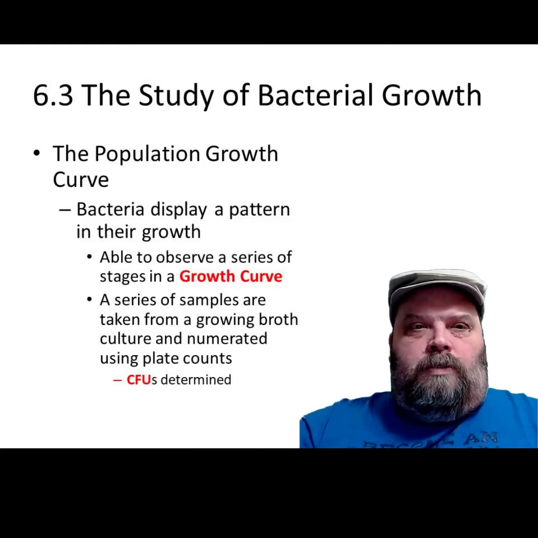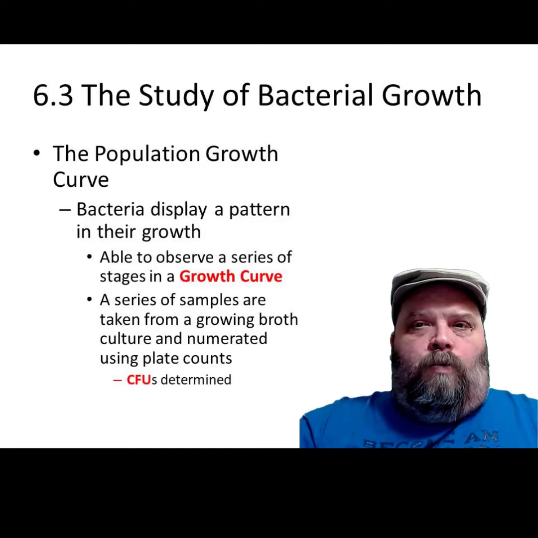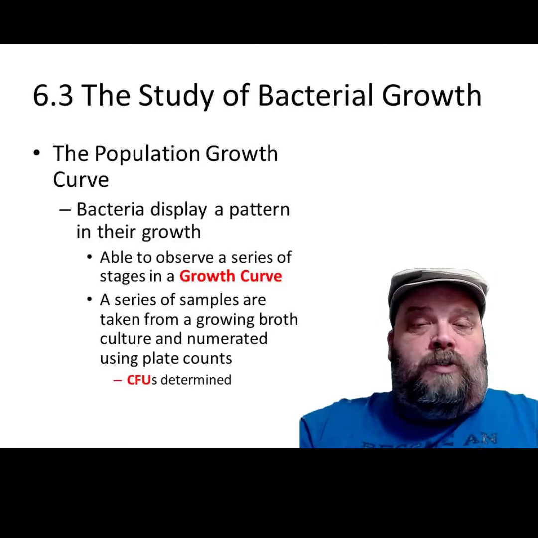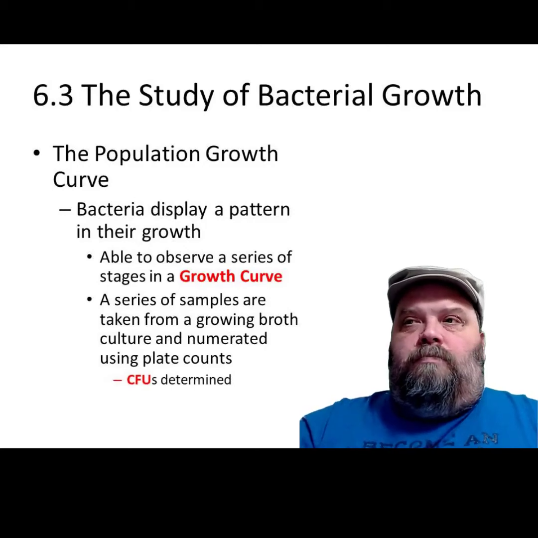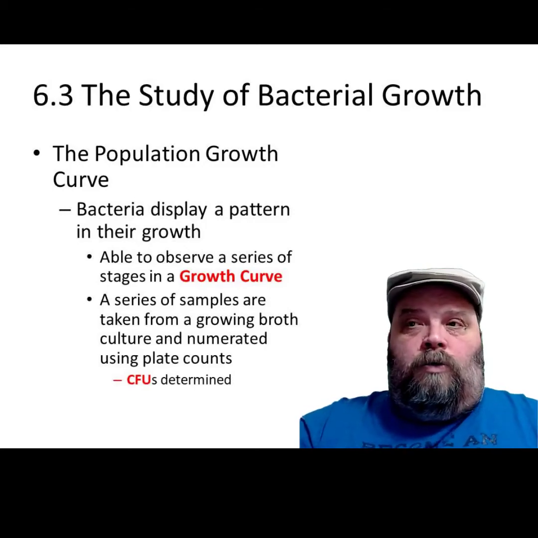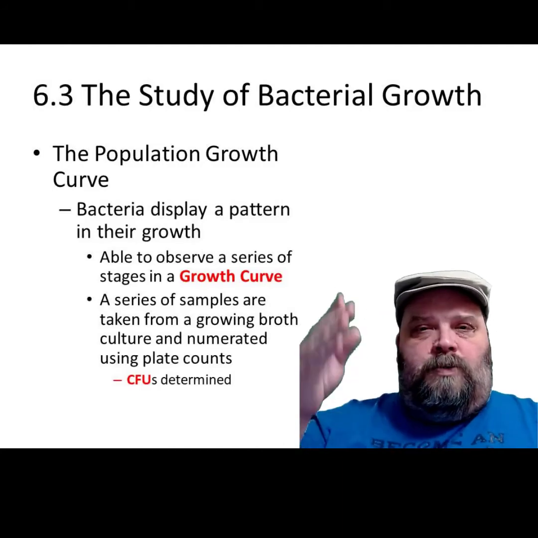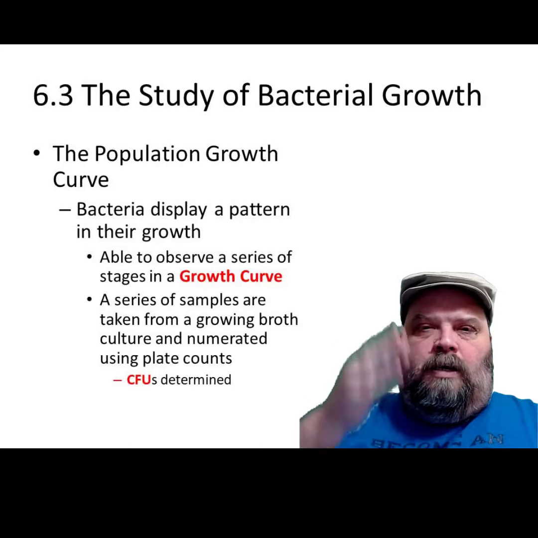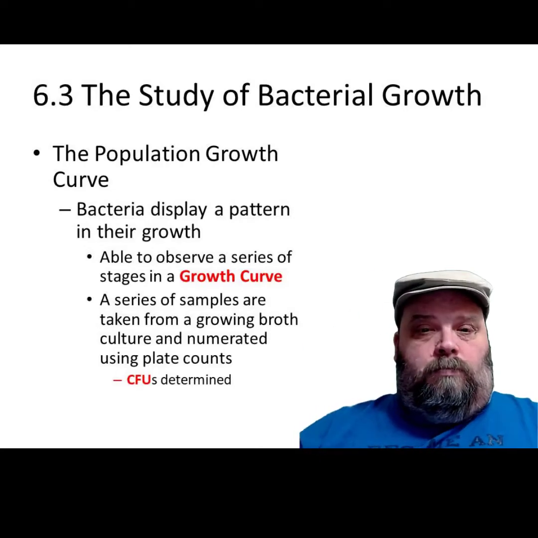How do we know this? Well, like I said in lecture 6.3b, we inoculate a small number of bacteria into a large volume of broth, and then we let it go. We let it grow, let it increase in numbers, and then we sample. Every so often, at specific time intervals, we sample and we count.